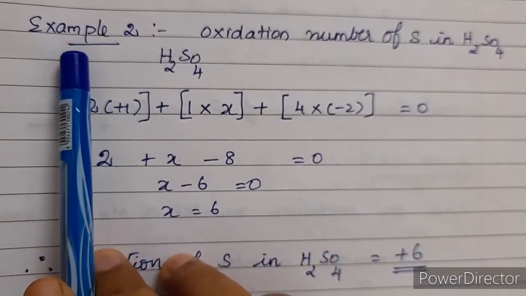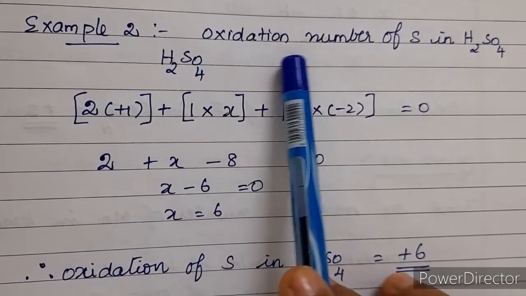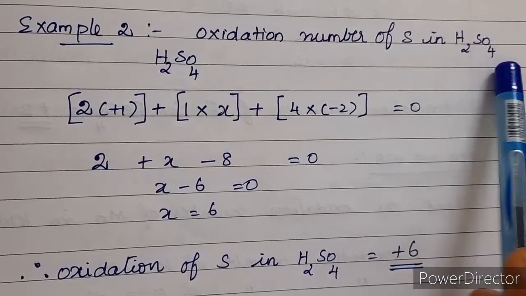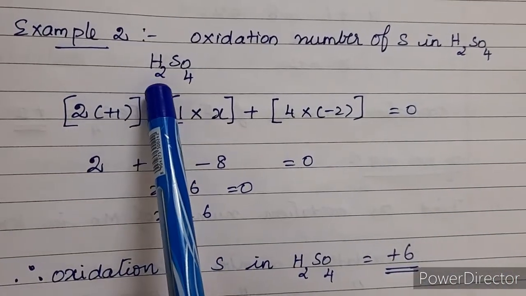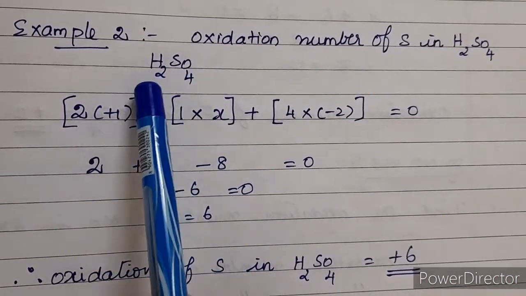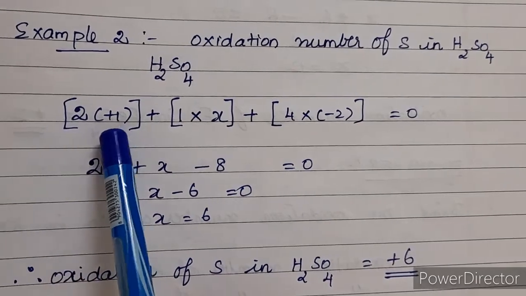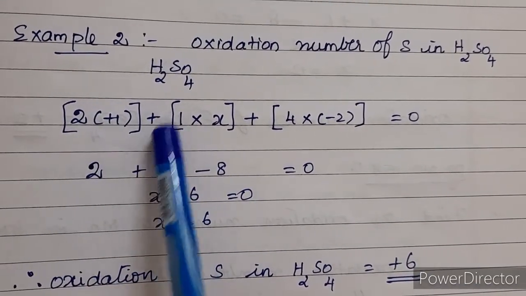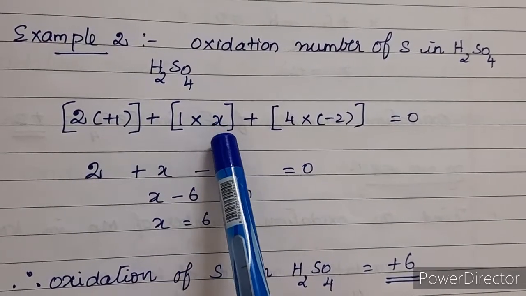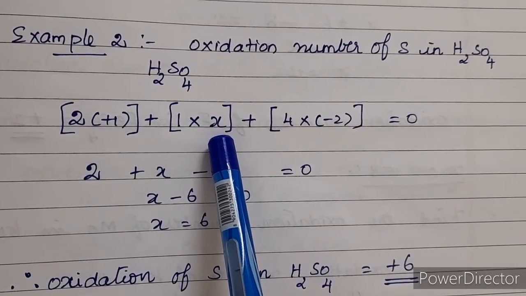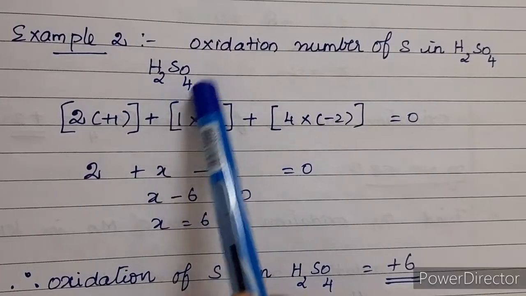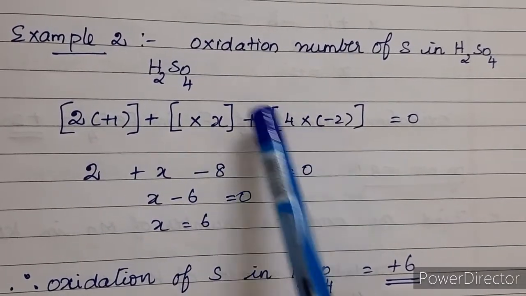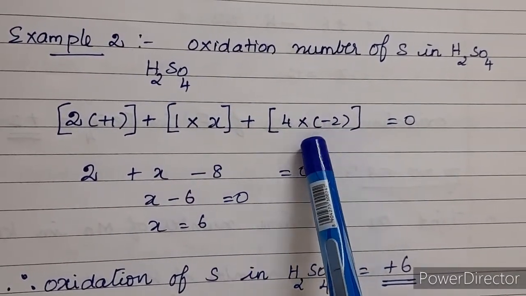Now let's move to the second example. Here we are going to find out the oxidation number of sulfur in sulfuric acid. The formula is H2SO4. How many hydrogens are there? 2 hydrogens into the oxidation number of hydrogen, +1, plus how many sulfur? 1 into X, because we are going to find the oxidation number of sulfur, plus how many oxygens are there? 4. So 4 into the oxidation number of oxygen, -2.